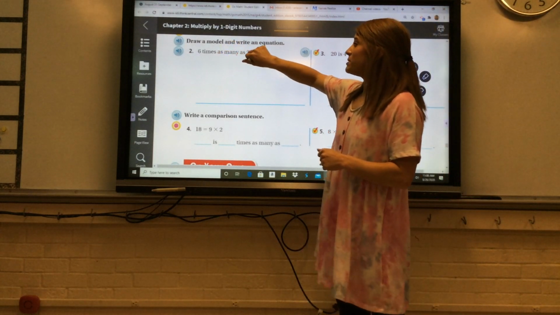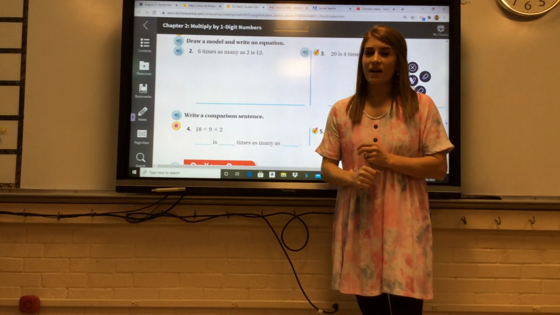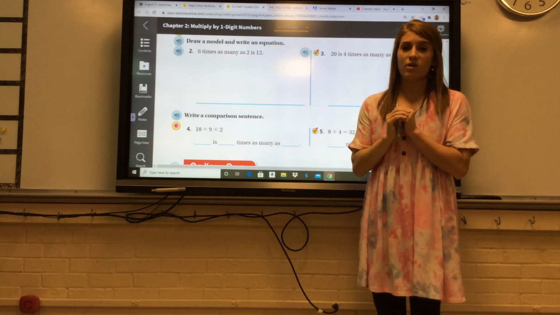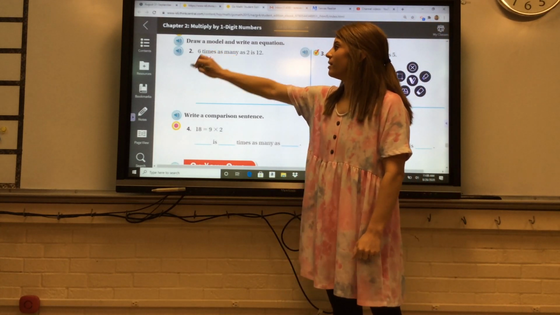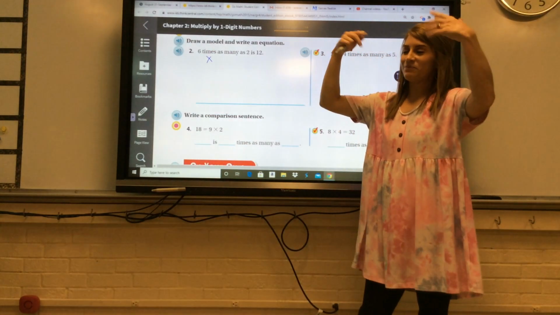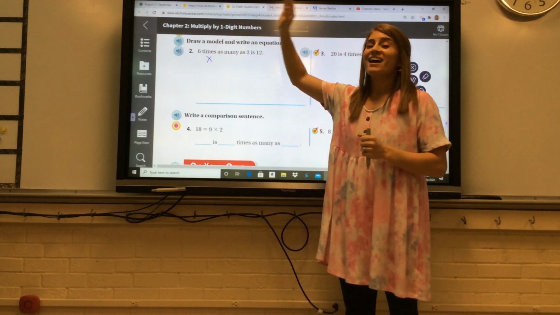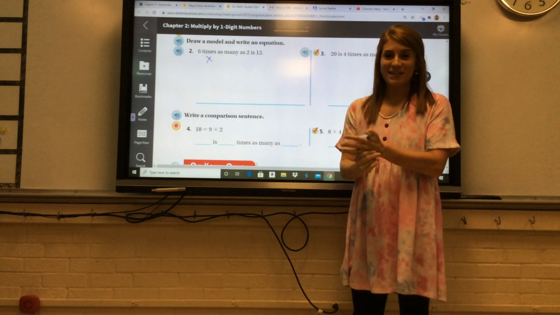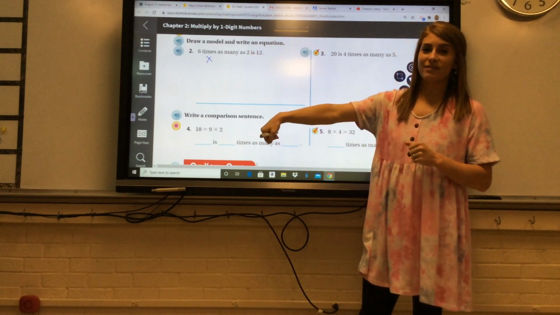6 times as many as 2 is 12. Remember, when we see that word times, what symbol can we think of? Right, an exclamation point. Oh, goodness. Wrongest subject, Miss Stevenson. When we see the word times, we can think of a multiplication symbol. And when we see the word is, what can we think of?